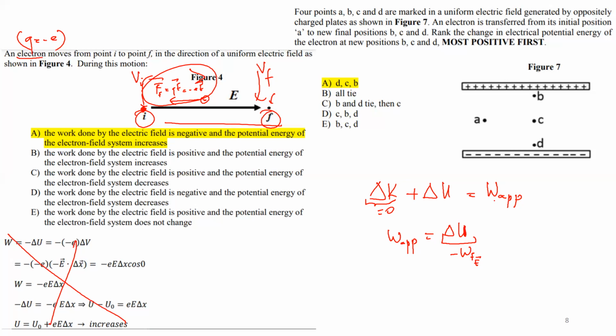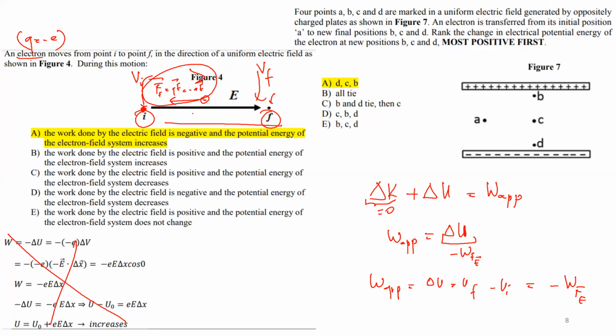Let's do it now. So work applied, as I said, is delta U, which is U final minus U initial, which is minus the work of the electric force. So what do you think? The work that I have applied, is it positive or negative?